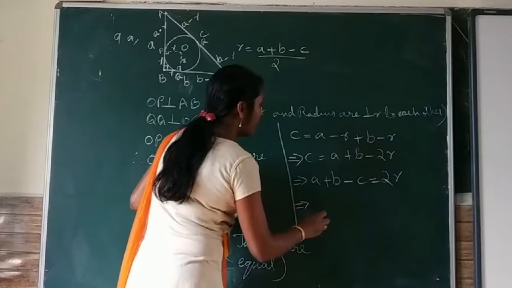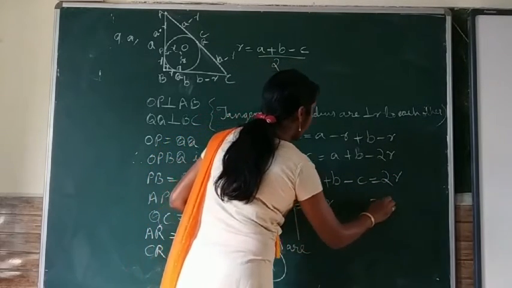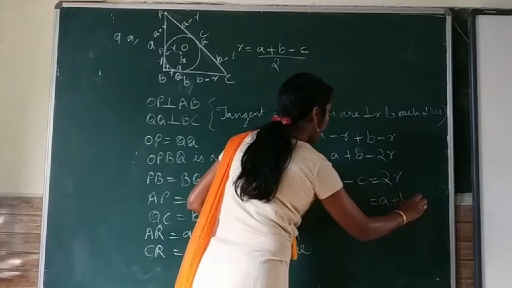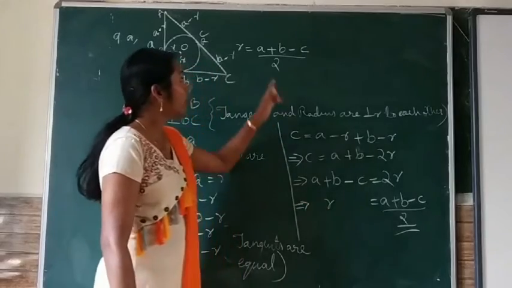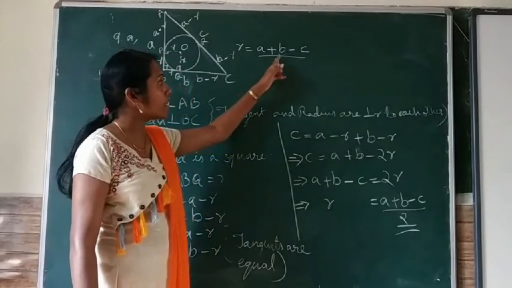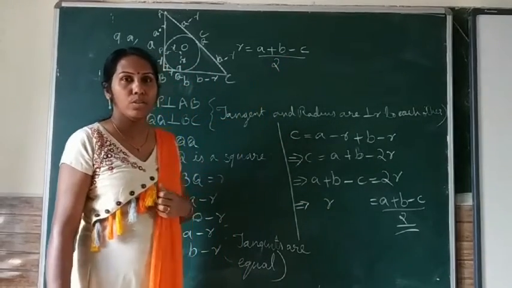That implies R is equal to (A plus B minus C) divided by 2. Hence we have got the relation R is equal to (A plus B minus C) divided by 2.